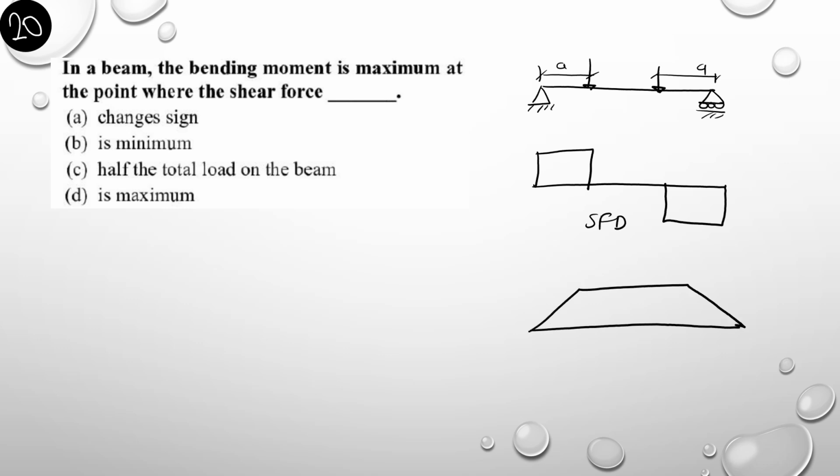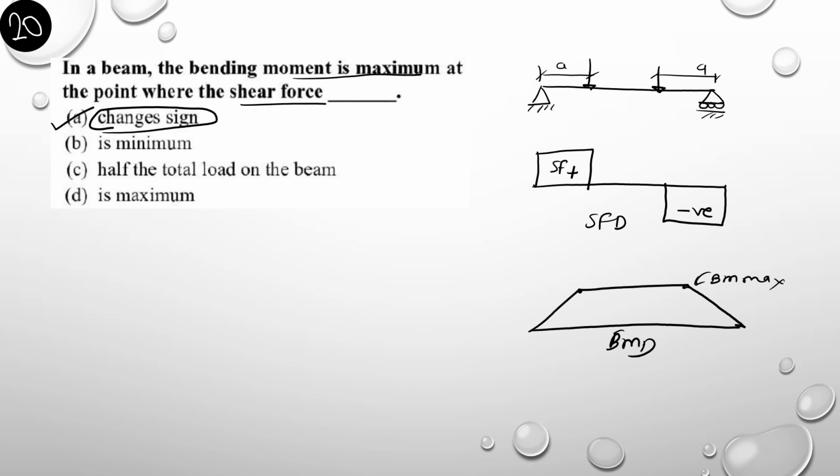Here, when the shear force changes its sign, from positive to 0 and then from 0 to negative, at that point the bending moment is maximum. So in the question, the bending moment is maximum at the point where shear force changes its sign. So the first option is correct.